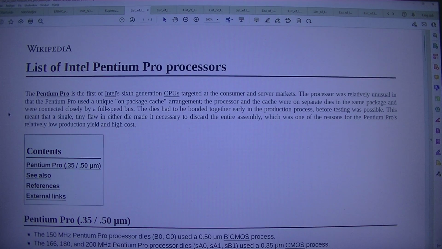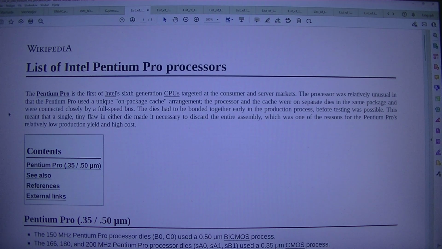List of Intel Pentium Pro processors. The Pentium Pro is the first of Intel's 6th generation CPUs targeted at the consumer and server markets. The processor was relatively unusual in that the Pentium Pro used a unique on-package cache arrangement. The processor and the cache were on separate dies in the same package and were connected closely by a full-speed bus.